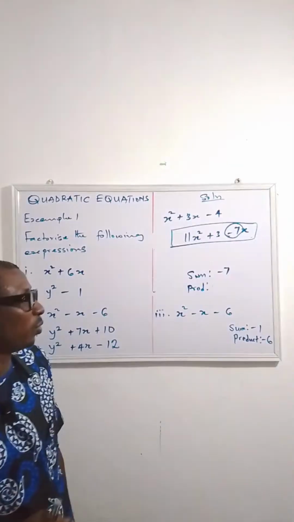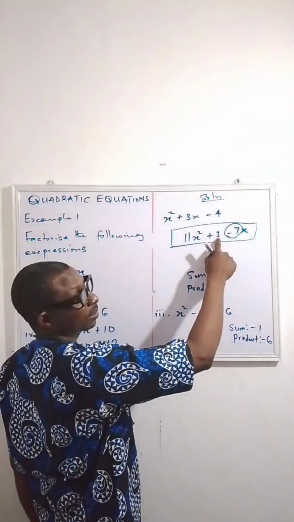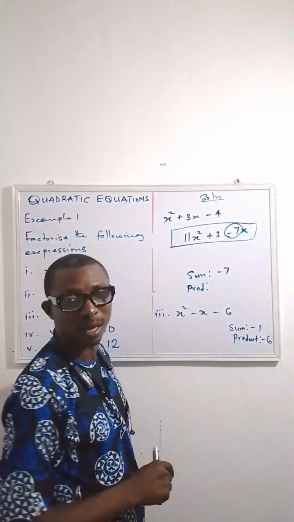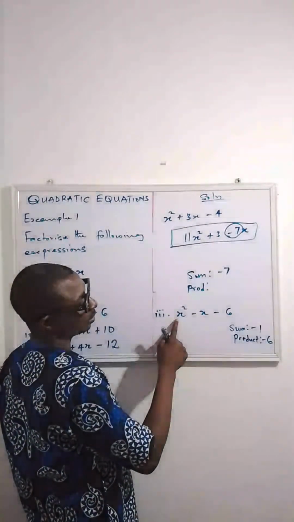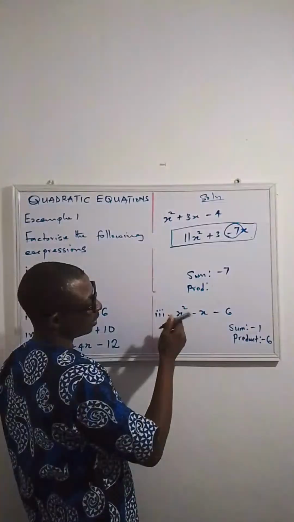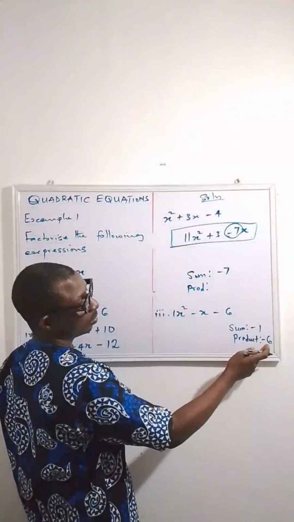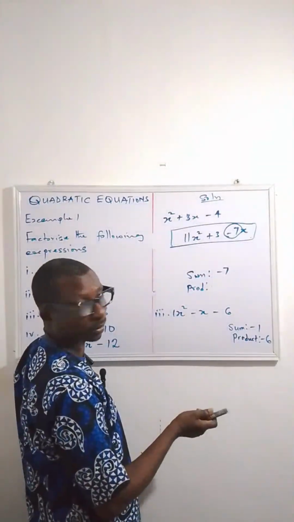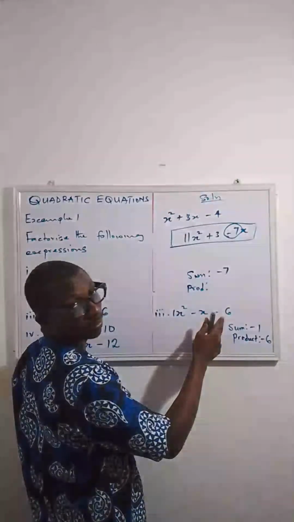Now what is the product? Product is the number here that is independent of x times the coefficient of x squared. Look at the previous one. I told you that the product is minus 6 because the coefficient of x squared there is 1, so 1 times minus 6. That is how we got the product. You must be multiplying something to get the product: the coefficient of x squared times the number independent of x.